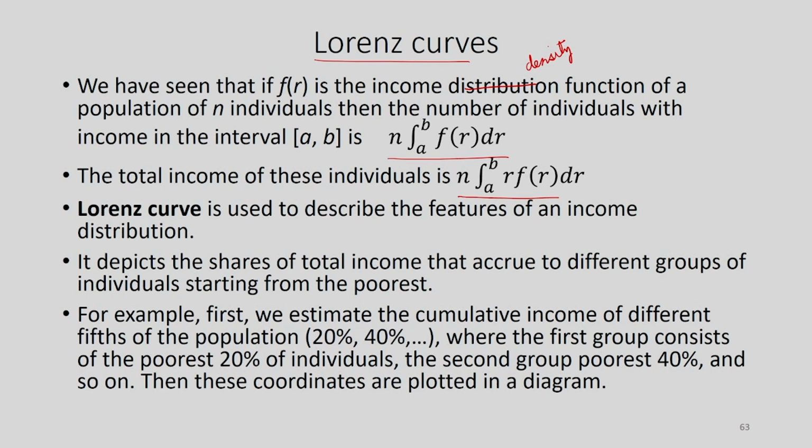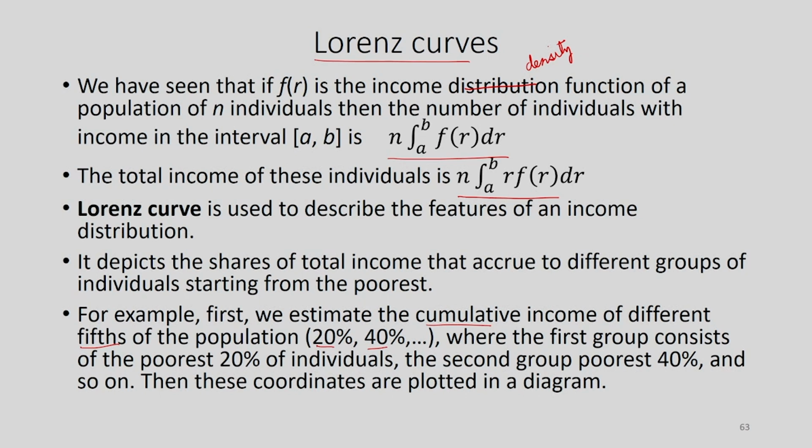So, here is an example. First we estimate the cumulative, this is important, cumulative income of different fifths of the population, such as 20%, 40%, like that it will go on. So, there will be 5 different sections, right? 20%, 40%, 60%, 80%, 100%.